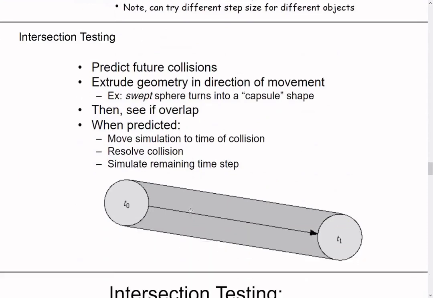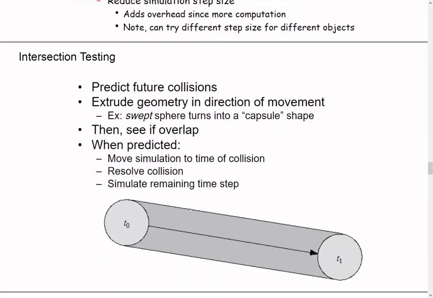Okay, how do we do intersection testing? What happens in intersection testing is it predicts future collisions. When the collision is predicted through this algorithm, it moves the simulation to the time of collision.